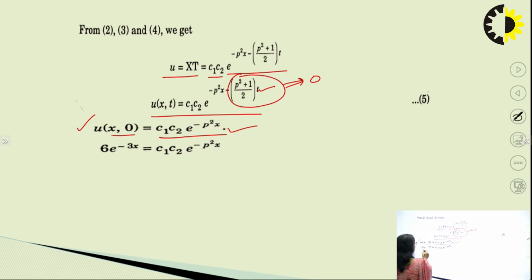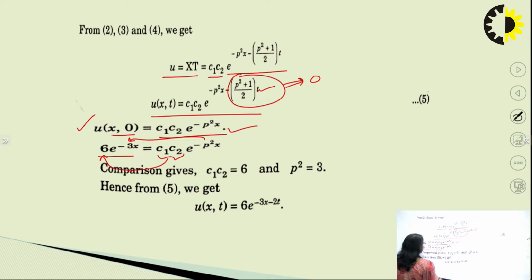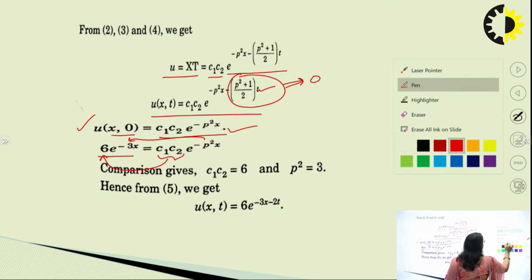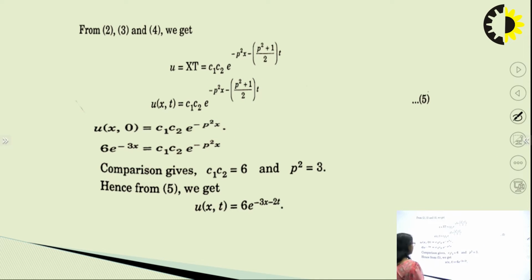So this value is considered equal to 6 e to the power minus 3x, which was given to us. Hence on comparison I can see that C1 C2 is coming out to be equal to 6, and minus p square is coming out to be equal to minus 3. So on comparing I'll get C1 C2 equal to 6 and p square equal to 3.